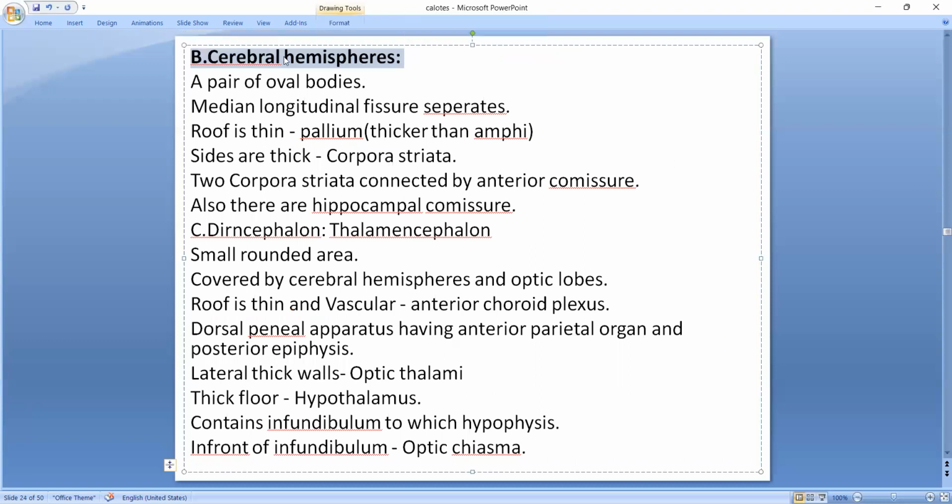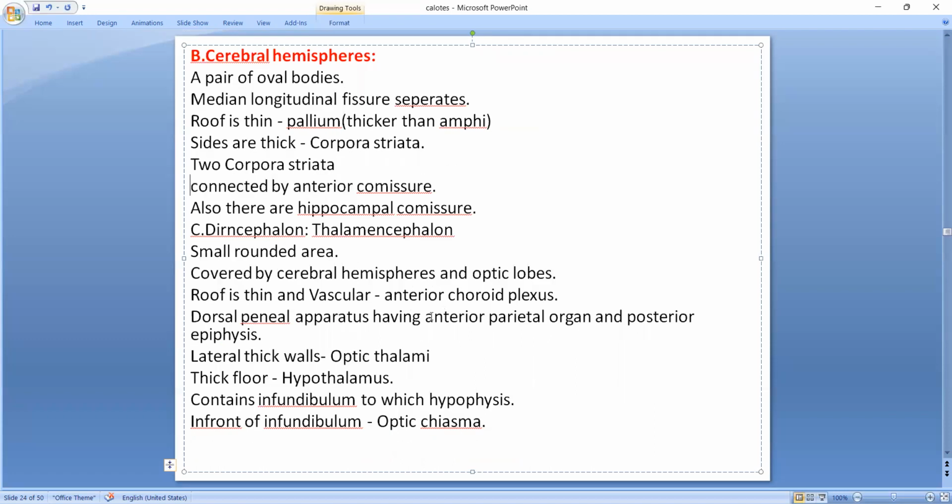Here, cerebral hemispheres are a pair of oval bodies. Let's bring that image here.